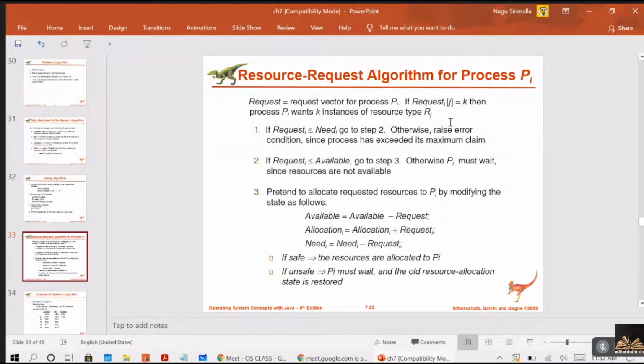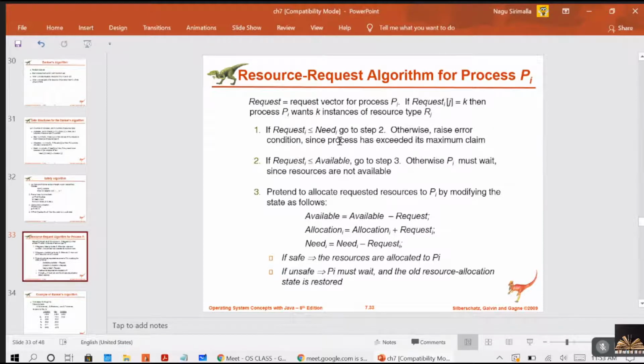Right? Then first what we check is whether the request i is less than or equal to need i. Whatever I am requesting is less than or equal to the need i. Need will tell you how many more I require for my job completion, right?